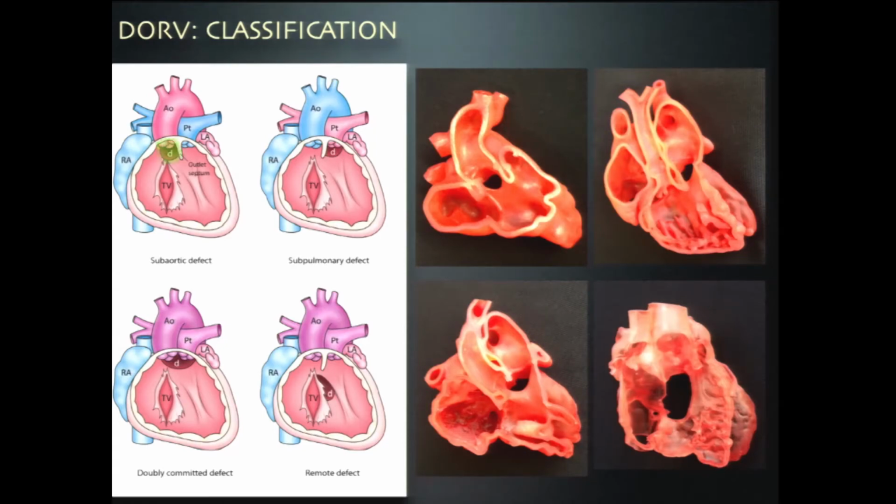What happened is that if the VSD is here, the surgeon can simply patch the VSD in this way; if the VSD is below the pulmonary valve, then patch here and do the arterial switch operation, etc. So if the classification gives this kind of insight into the surgical implication, it will be very, very beneficial.